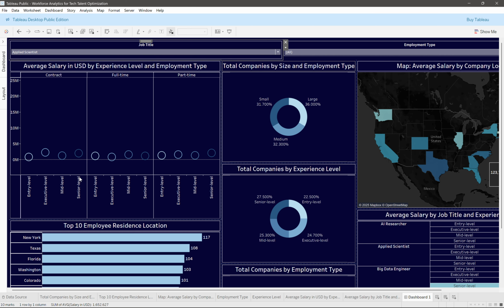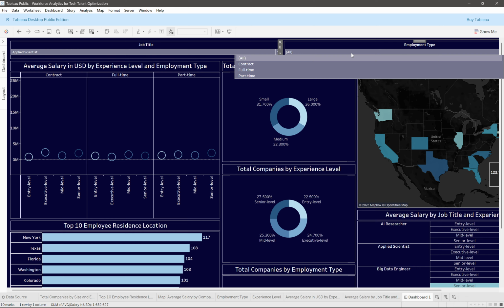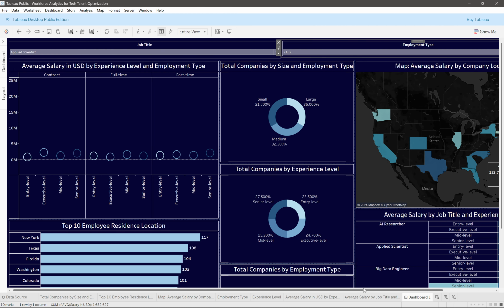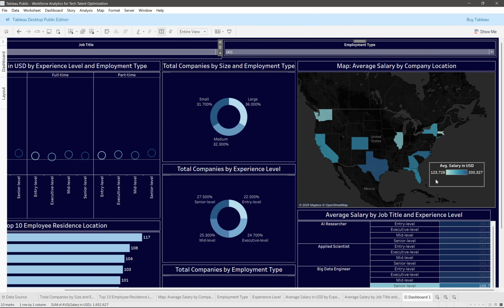So let me find a good example of a higher data scientist dataset. Let's consider an executive-level applied scientist. The salary range is 2 million to 23,000. Here it's 812,000 in full time. Same for part time, it's 1.5 million. Total companies with executives is 36% large, 22.5% entry level. In the segment of applied scientists, we have salary ranges of 123,000 to 200,000.